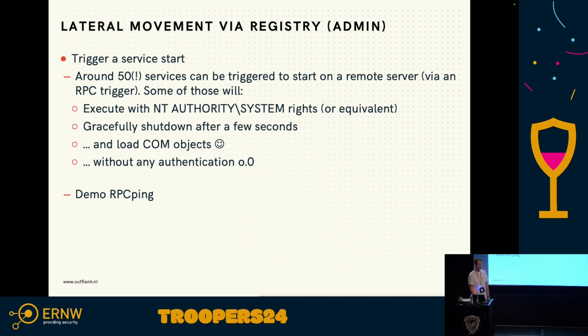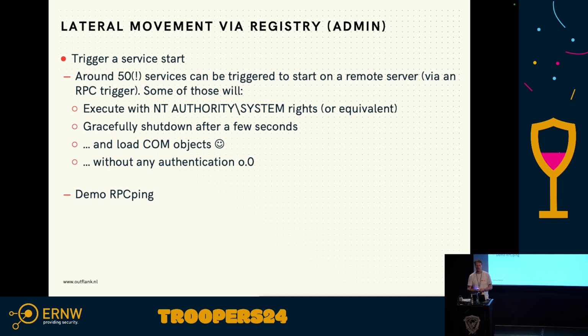There are a few services on the system that are not that often used. What we did is find some services that weren't in use, modify a COM object related to those, and then trigger that service to start. It happens that around 50 services can be triggered using an RPC call to be started automatically, even if it's a domain controller, for example. It doesn't really matter.